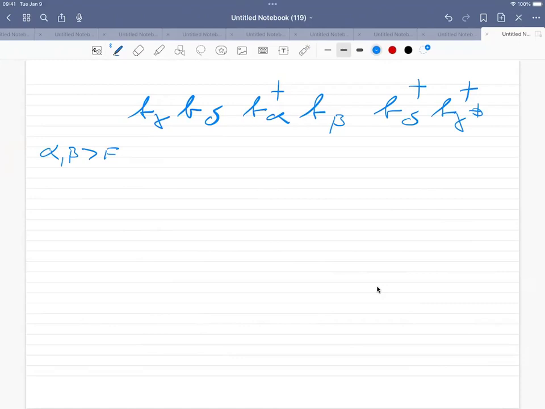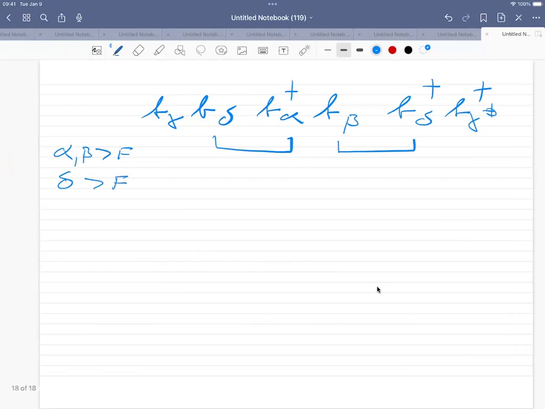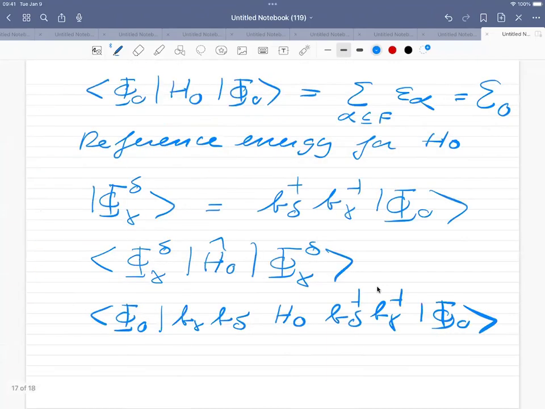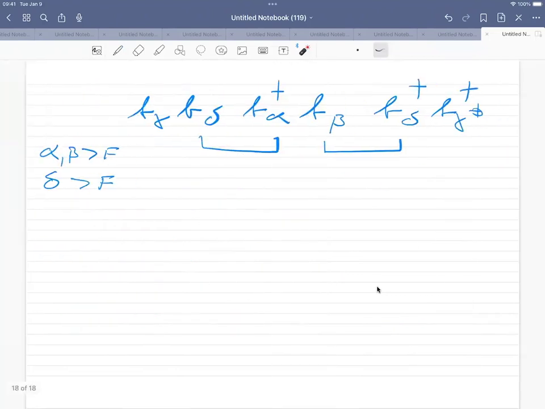So for that specific case, the only possibility which is non-zero is this one, because delta is, by definition, above the Fermi level, the way we define that state, as you can see here. So we have now defined this as a particle state and this as a hole state. So that means that the only contraction which is possible is this one, for that part of the operator.